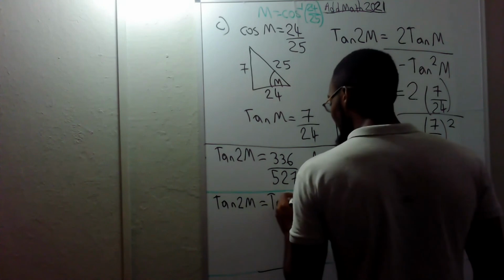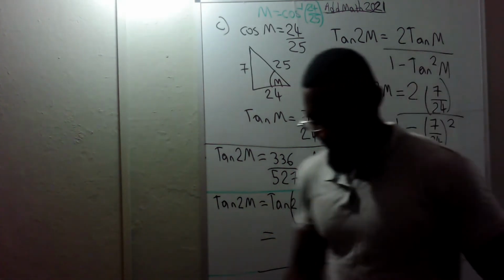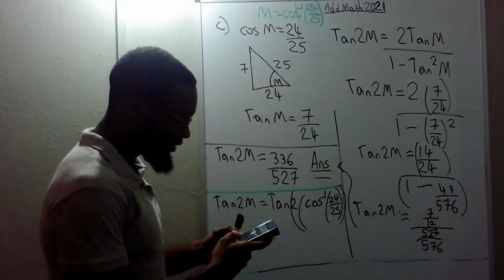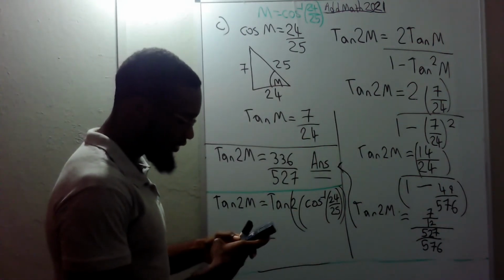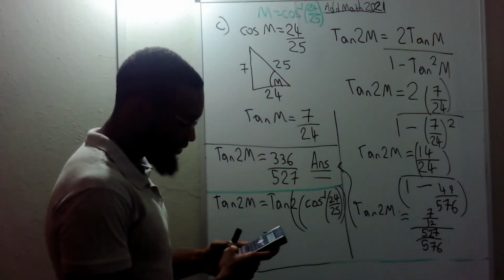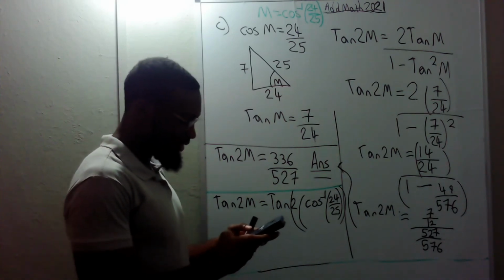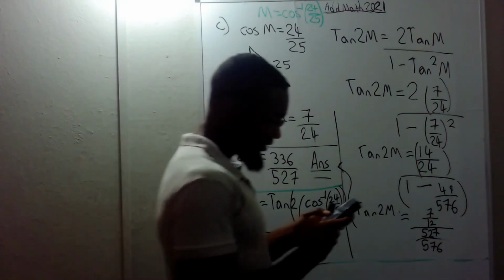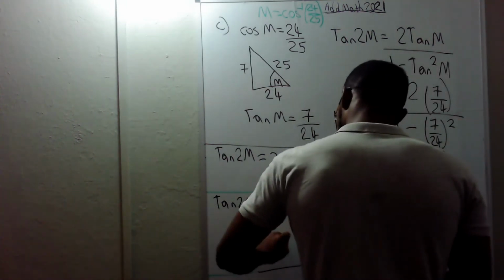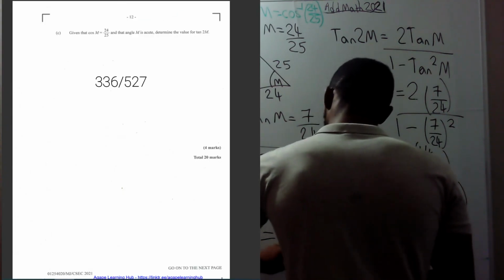You can put all of this in a calculator in one go. The calculator is smart. Put in cos inverse 24 over 25, multiply it by 2, take the tan of that, and you get your answer. We get the same answer, 336 over 527.